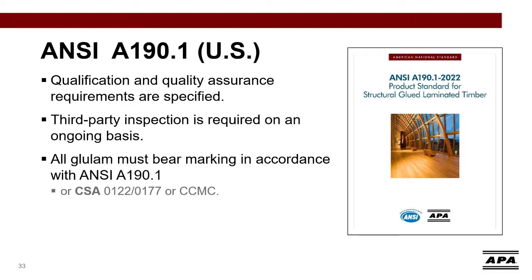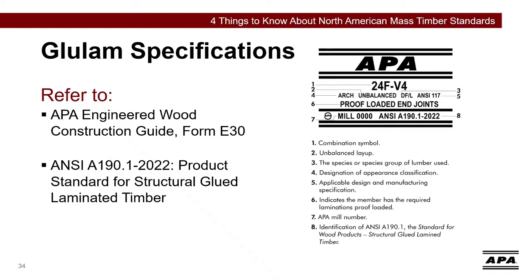Note that Canadian Glulam is governed by different standards and shall be trademarked with CSA for commodity products or CCMC for proprietary products, plus an APA logo if an APA member. Here's an example of a Glulam trademark. Please refer to our E30 construction guide for guidance on preparing Glulam specifications.